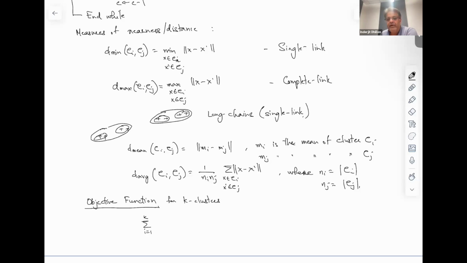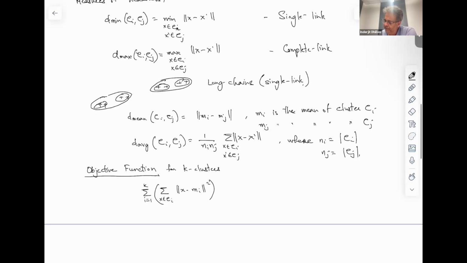So suppose you're given k clusters, each cluster being a set of points. Then I'm going to measure the width or scatter of each cluster. So if x belongs to Ci, I'm going to say that this is a measure of the cluster i.